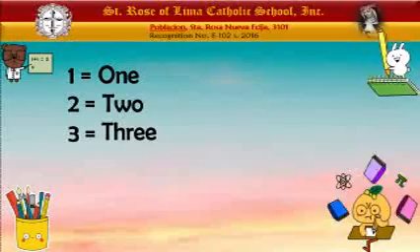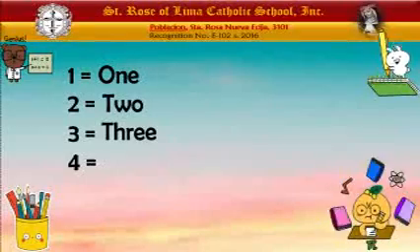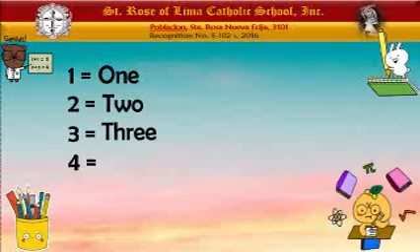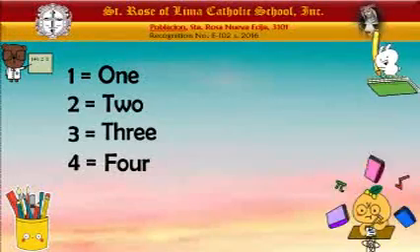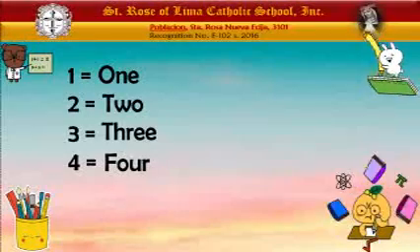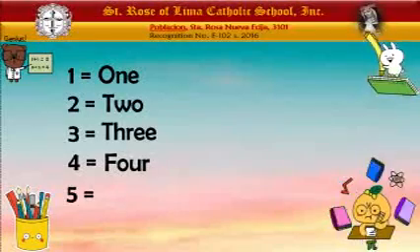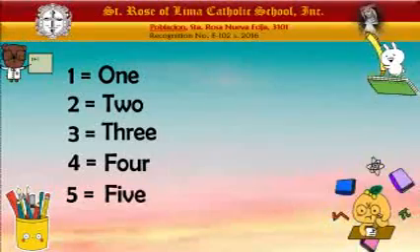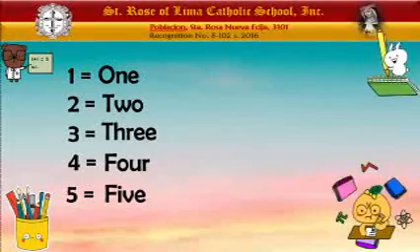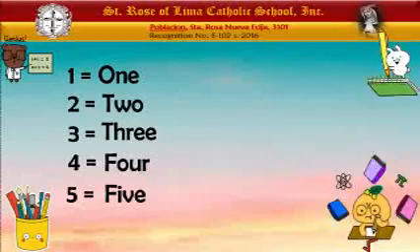And the spelling of 3 is T-H-R-E-E. Next, we have 4. And the spelling of 4 is F-O-U-R. Next one, we have the number 5. And we spell 5 as F-I-V-E.